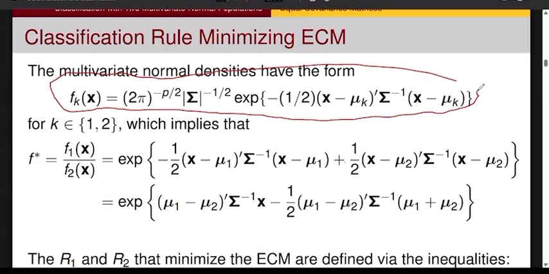When K equals 1, that will be multivariate normality for group 1. When K equals 2, that's going to be multivariate normality for group 2. And don't forget, what do we want to use? We actually want to do the ratio of the two densities. So in this case, we're going to be doing the ratio of the two multivariate normal densities. Is there any question here?